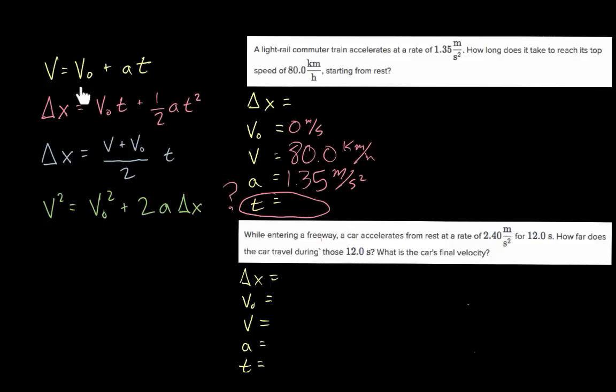So let's see if we can look at these equations and identify one that has all of these things and doesn't have delta x, since we don't know delta x and we're not looking for it either. So we see these two have delta x here, and so we can rule those out. And this one also has a delta x, so we can rule that out. So that leaves this one.